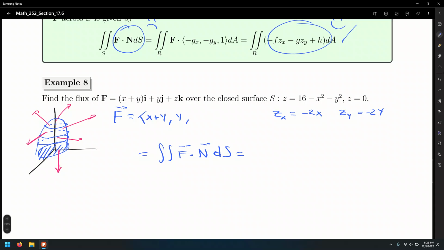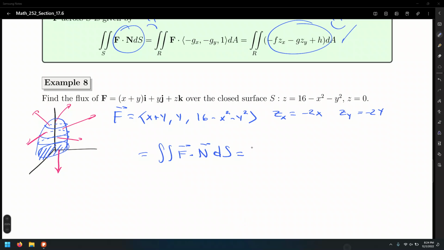But did you see the third component? It's a z. We don't want z's in this case. We want everything in terms of two variables, x and y. So we're going to replace this z over here with 16 minus x squared minus y squared. And that's going to be our F, and our N dS will be simply this computation over here.